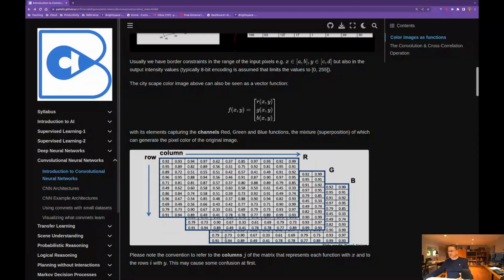You probably also notice that these numbers are now floating point numbers, let's say from 0 to 1. This results from normalizing these pixel numbers with the number 255, because 2 to the power of 8 is 256, and therefore all our numbers in those matrices will be from 0 to 255.